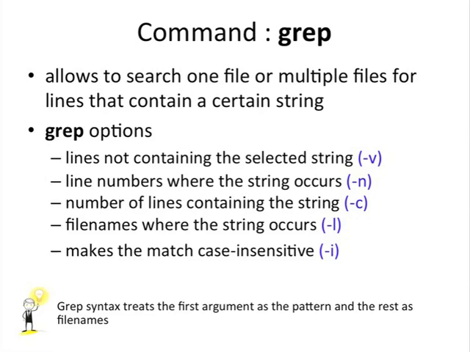Then maybe all you need to know is whether the word apple occurs at least once in a particular file. Then you use the -l option, and that will tell you only the file names where the word apple occurs. Also, sometimes you don't need a case-sensitive search. You might expect somebody made a typo in your last name, writing it in lowercase, so you want to make it case-insensitive. Use the -i option.